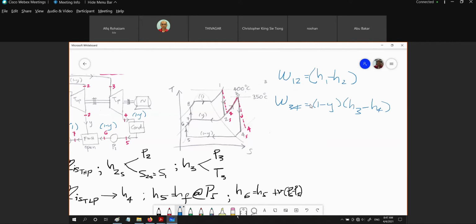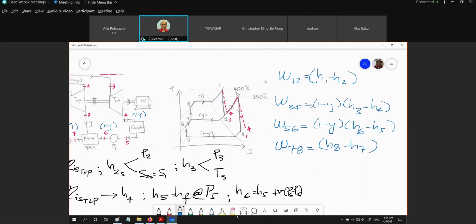And then the work for the pump, W56, is equal to (1 minus Y)(H6 minus H5). We have obtained the H6 right here. And then W78 is equal to H8 minus H7. So as far as the work is concerned, this is what we have.